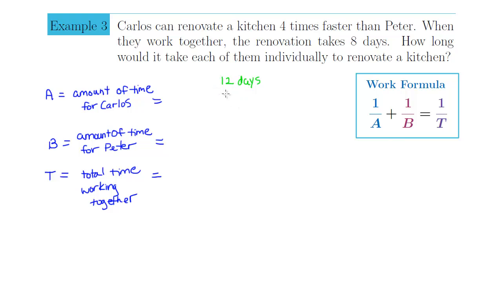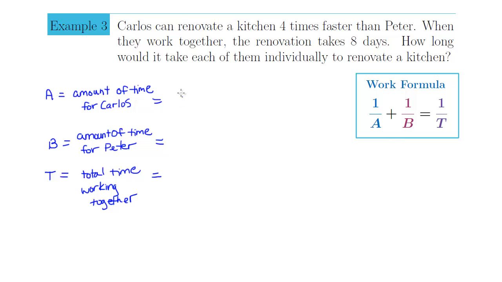Well, he works 4 times faster than Peter. Peter works 4 times as long. So 4 times 12 is actually 48 days that it would take for Peter. Now this is just a supposition, right? But the idea is whatever the amount of time that Carlos takes, it will take Peter 4 times as long.